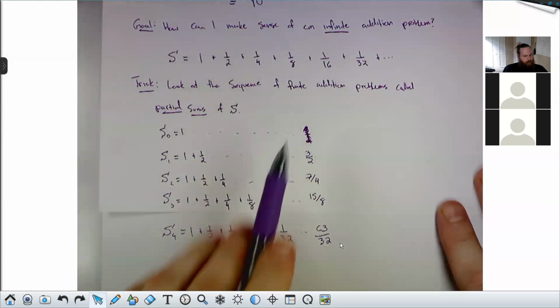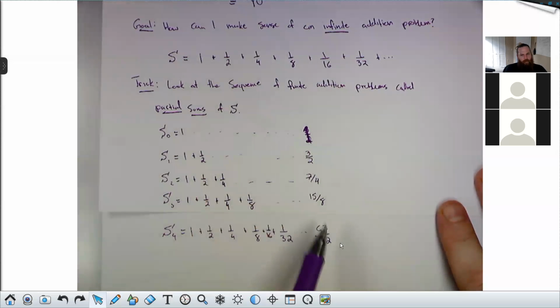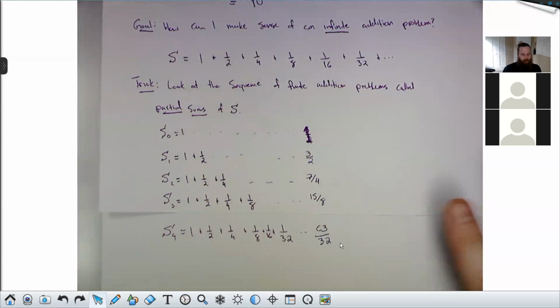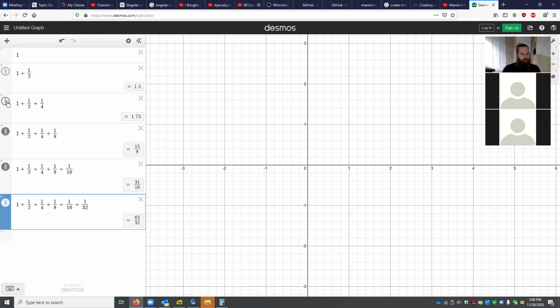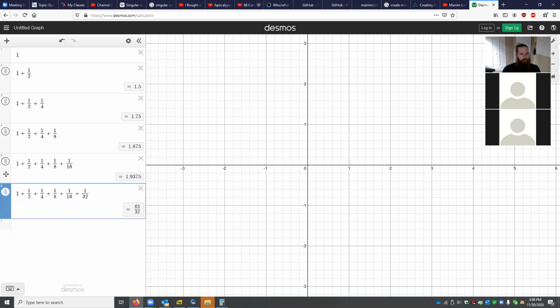So the question I want to ask though is still okay. Do you notice these numbers getting closer and closer to anything? Maybe if I put them back in their decimal form. Do these appear to be getting closer and closer to any particular number? 2. Yeah.